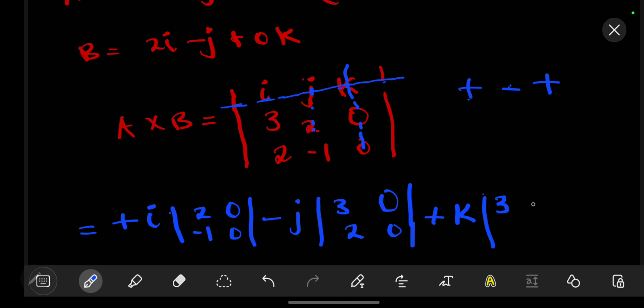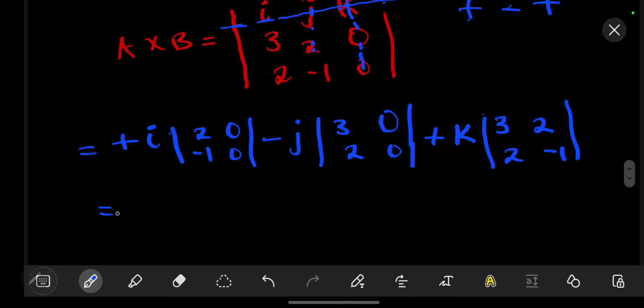So we write our 3, 2, 2, negative 1 like that. Then from here find the determinant. So we multiply this and this, so it will be i times, we have 2 times 0, then minus our negative 1 times 0 like that.